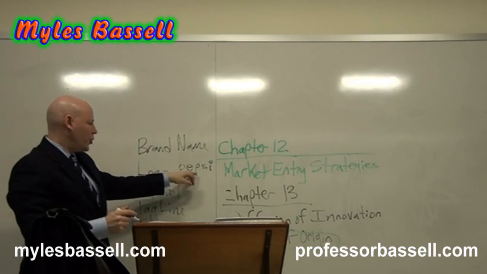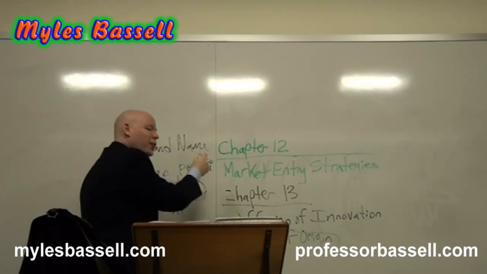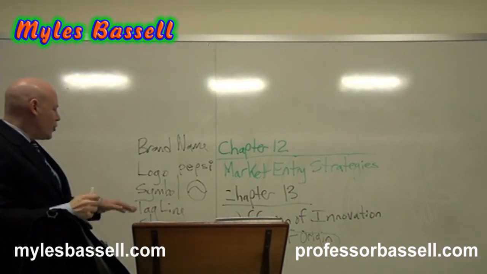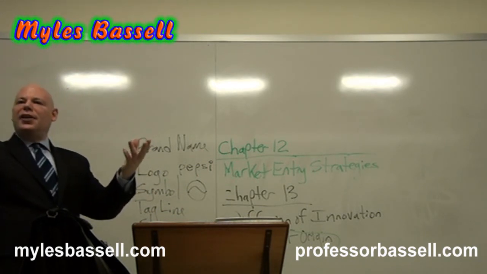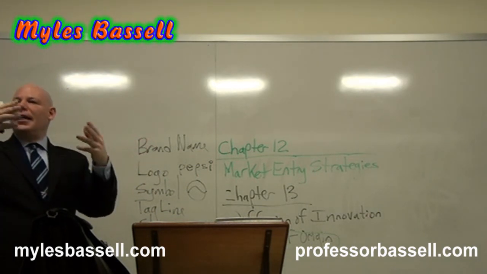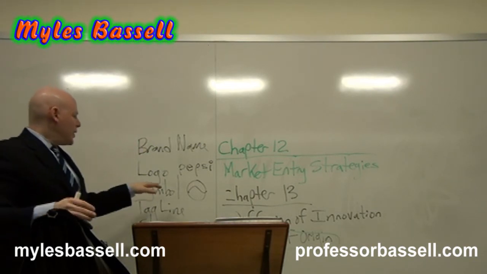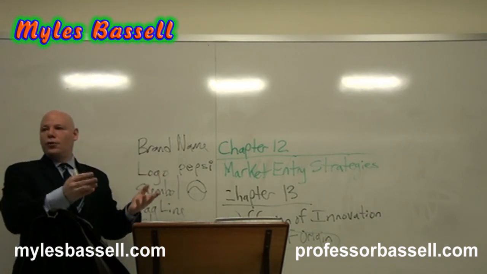The logo is what you see here. Their symbol is something that looks like that. So the logo is a visual representation of the brand name that contains words. The symbol is a graphic representation that contains no words.